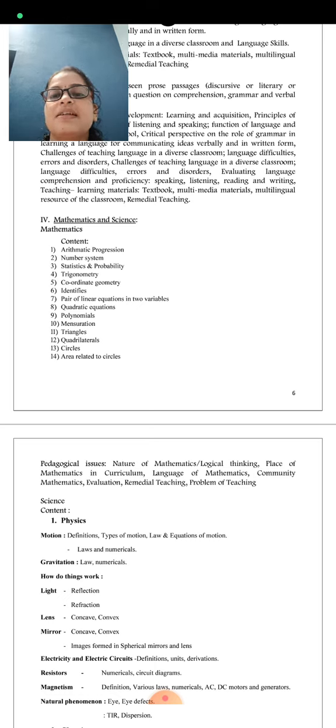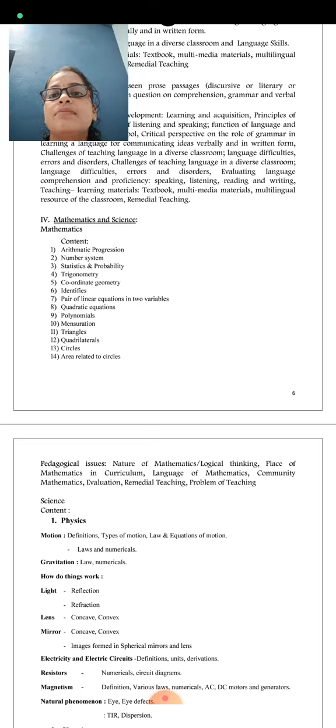Second chapter is number system. In the number system we have integers, whole numbers, natural numbers, rational and irrational numbers. We have to understand the place value, that is ones place, tenth place, hundreds place. That means we have to understand the face value and place value, and we have to learn Roman numbers.